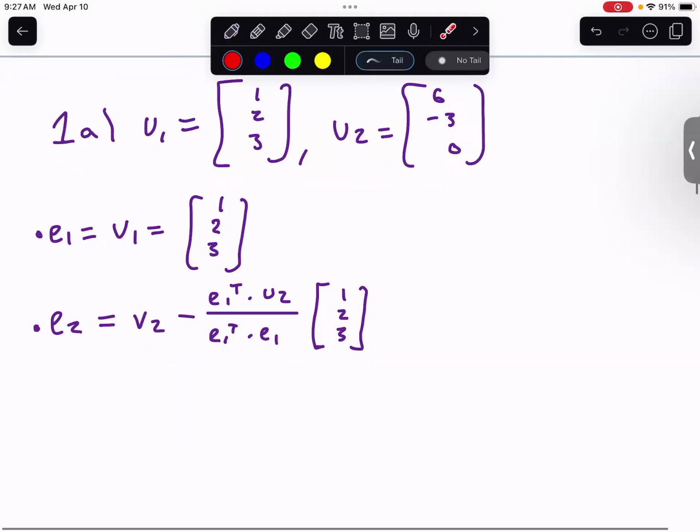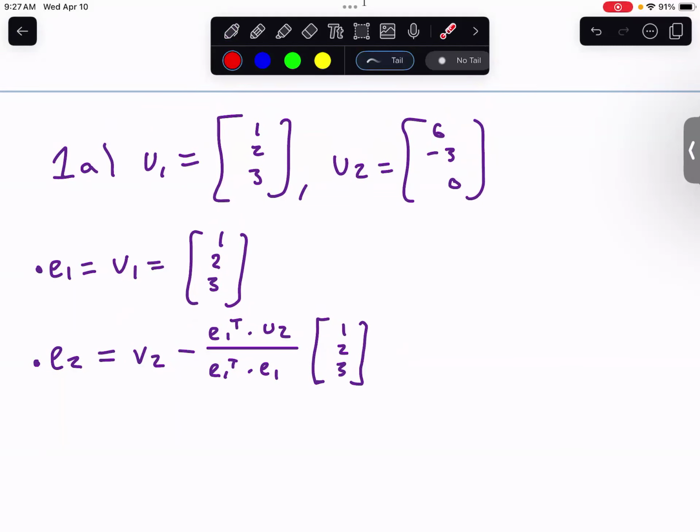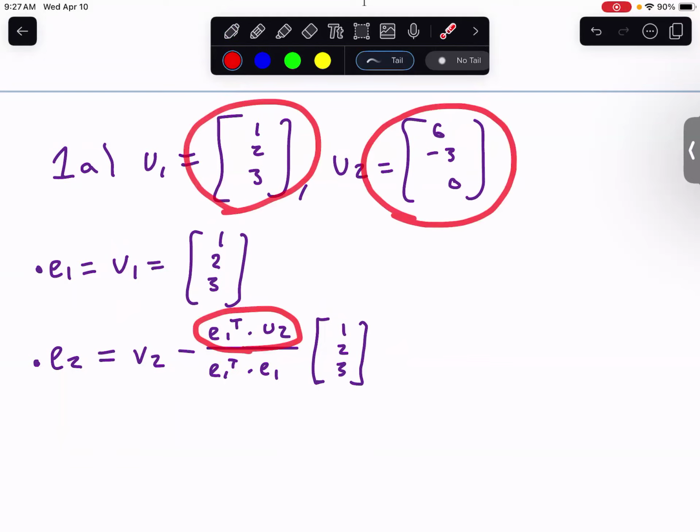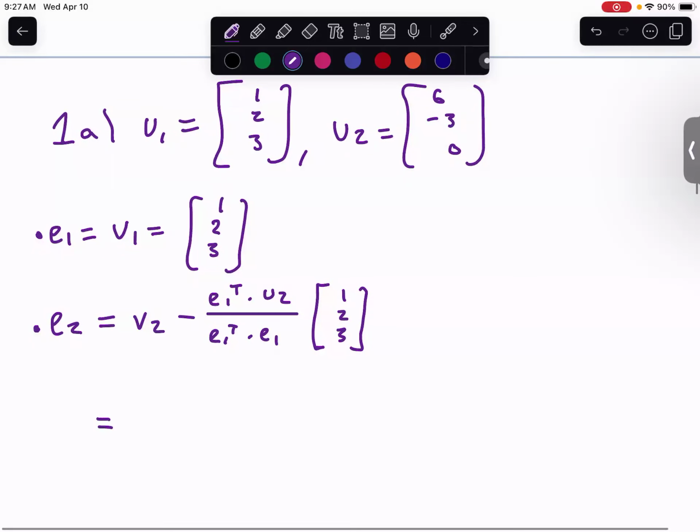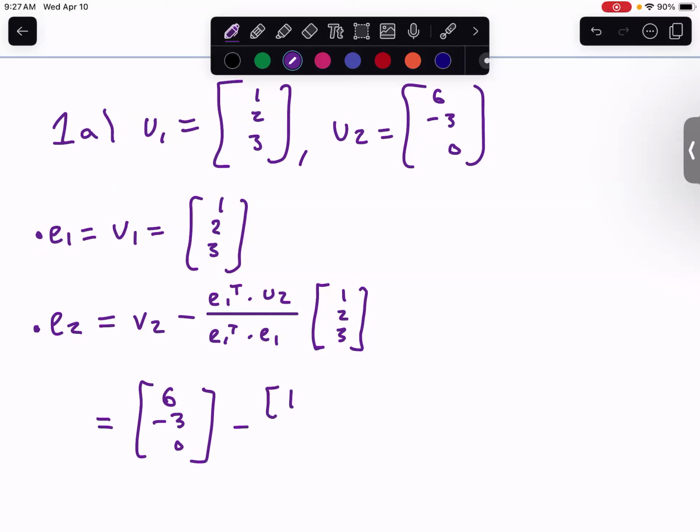It's just a matter of computing what this is equal to. It looks like a lot, but it's easiest to think of this as the dot product of V1 and V2, which is pretty easy to compute, and then the dot product of V1 with itself. So it looks scary, but you're really just doing a dot product over a dot product. Writing it out explicitly, we have V2 equal to (6, -3, 0) minus the transpose of E1, which is (1, 2, 3), multiplied by V2.